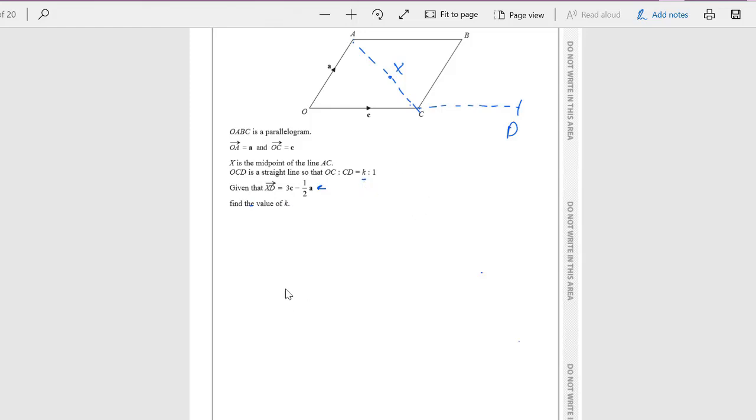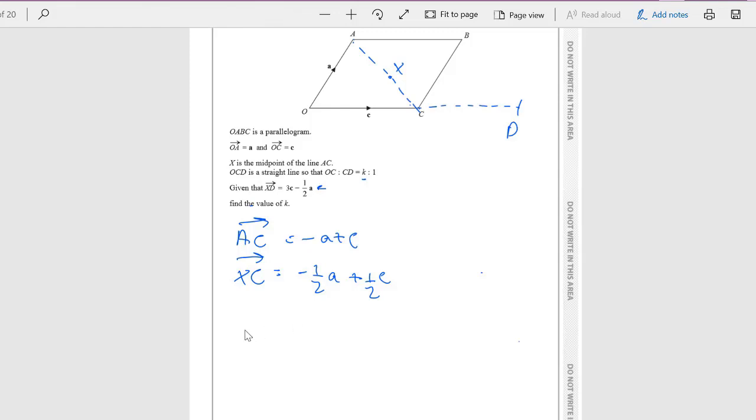So the first thing that we need to do is appreciate that the vector AC equals minus a plus c. Then we have XC, which equals minus half a plus half c. Because remember, this is the midway point of AC, so you have minus half a, and then plus half c.